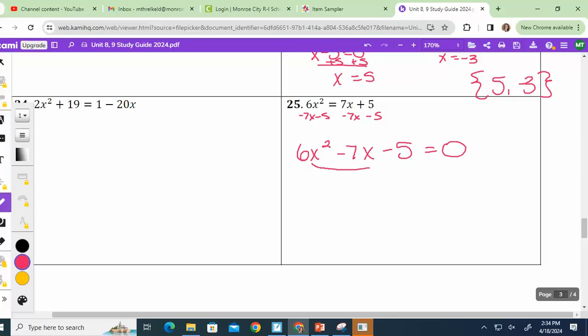Slide inside. So this is x squared minus 7x minus 30. So we need two numbers that multiply to a negative 30 and add to a negative 7.